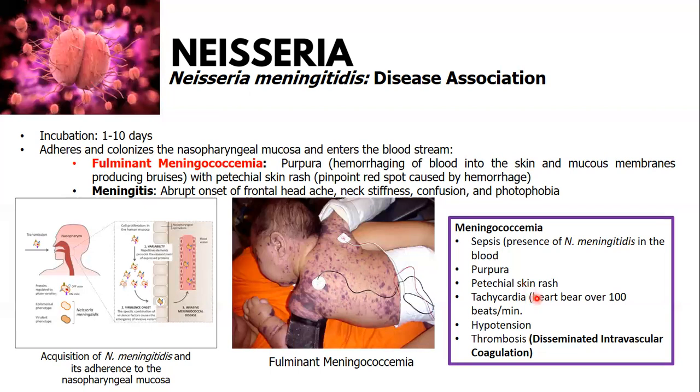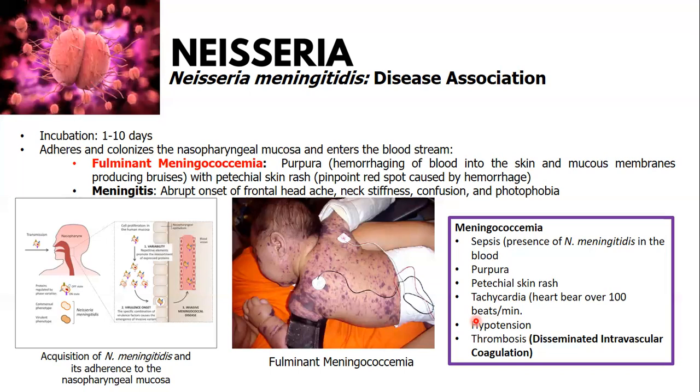Tachycardia, which is characterized by heartbeats over 100 beats per minute, occurs simply because of hypotension. When there is hypotension, the heart beats faster to attempt to increase blood pressure to deliver oxygen to other parts of the body. But over time, when there is continued leakage of blood in the capillaries, there would not be enough oxygen that can be delivered to other organs of the body, particularly the brain and the kidneys, and this would result in shock.